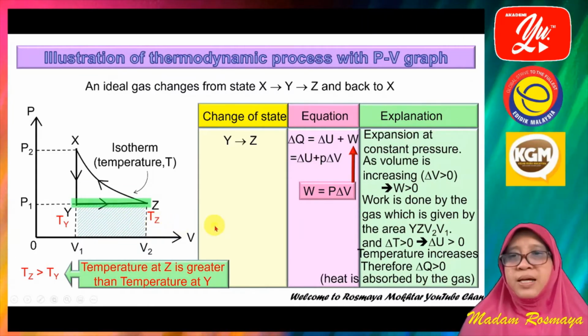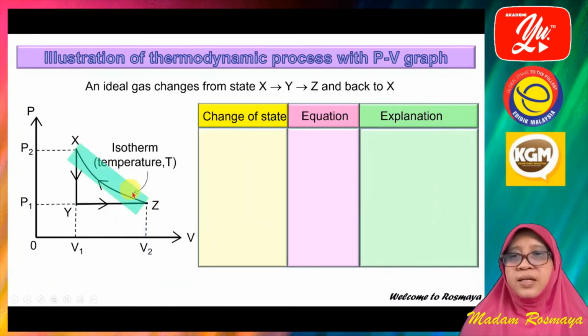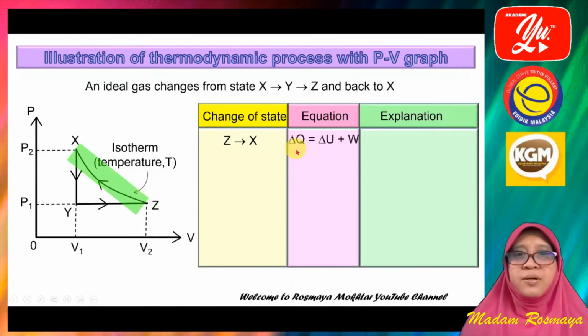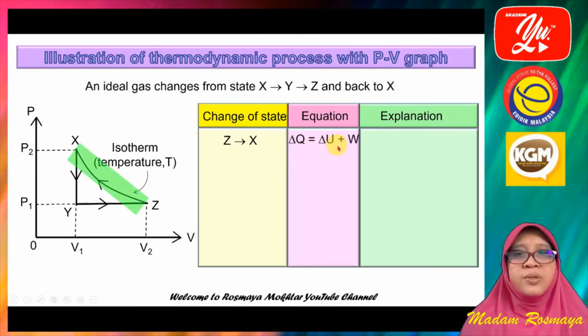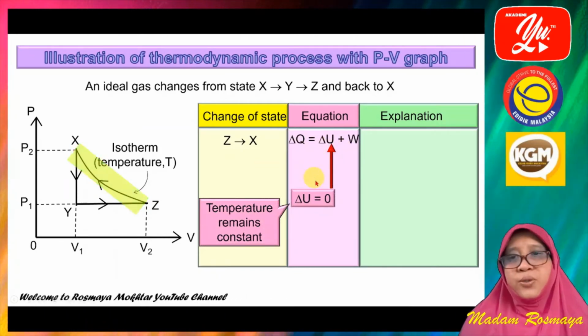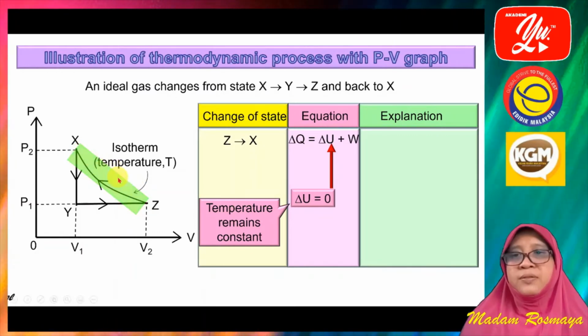Okay, next we discuss Z to X. This is isotherm. So for the change from Z to X, from the first law of thermodynamics, delta Q equals delta U plus work done. Delta U is 0. The temperature remains constant because this is the isotherm, the curve is isotherm.